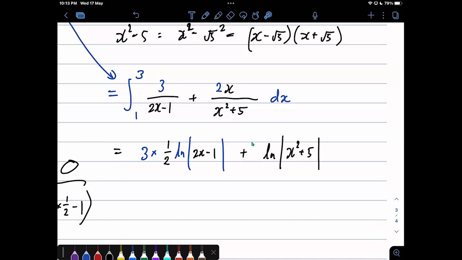Pretend that they are round brackets. 1 over x squared plus 5, and then chain rule, times 2x. Know what's inside the brackets of the ln, something, in this case the something being x squared plus 5.